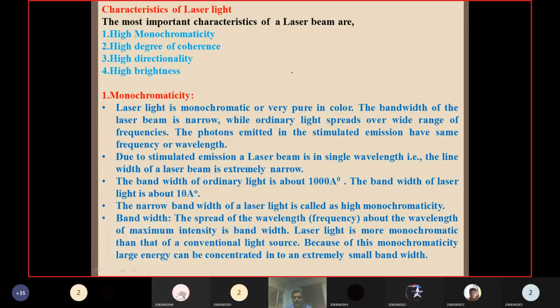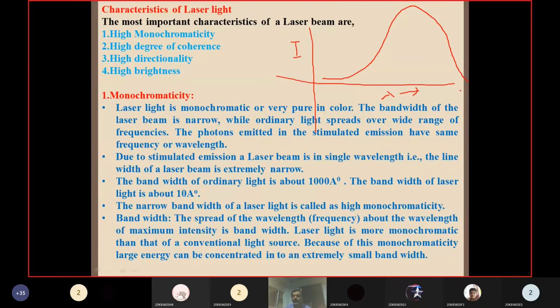If you draw the graph between wavelength and intensity, with intensity of the light on the y-axis and wavelength on the x-axis, normal light will look like this. It spreads.